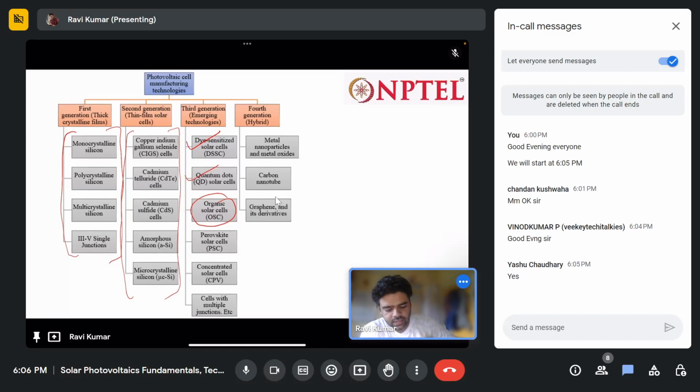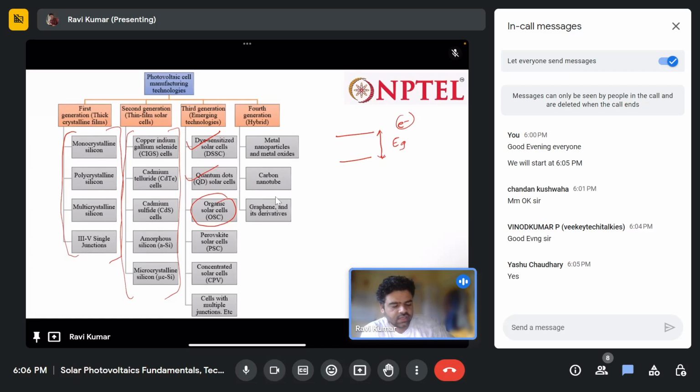So everywhere, one thing is common. There is some difference in energy at which the generation of electrons takes place.